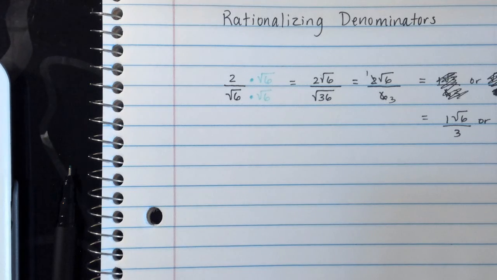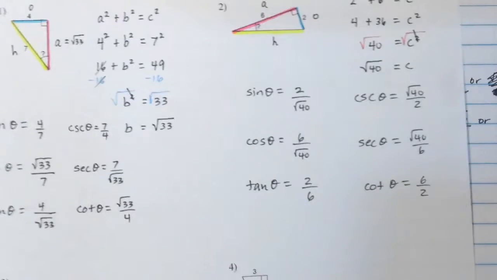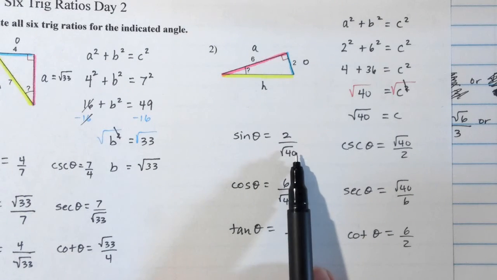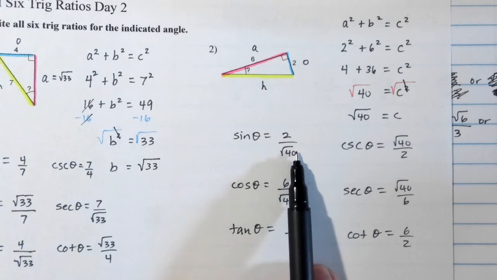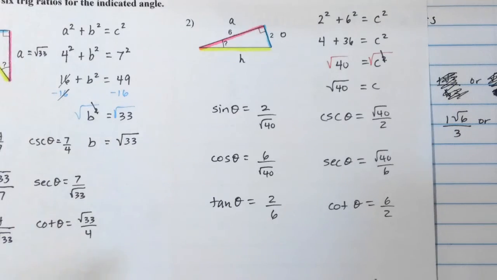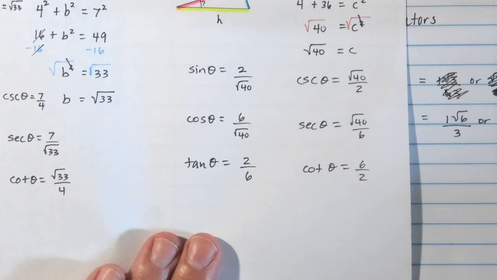So if we go back to this assignment, we know that that is equal to 2 times the square root of 10. So let me continue down here.